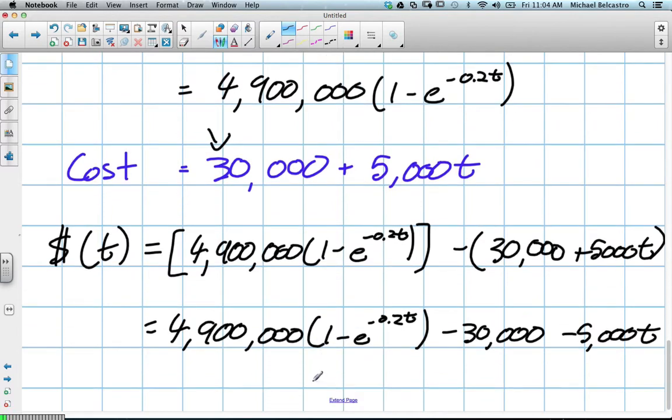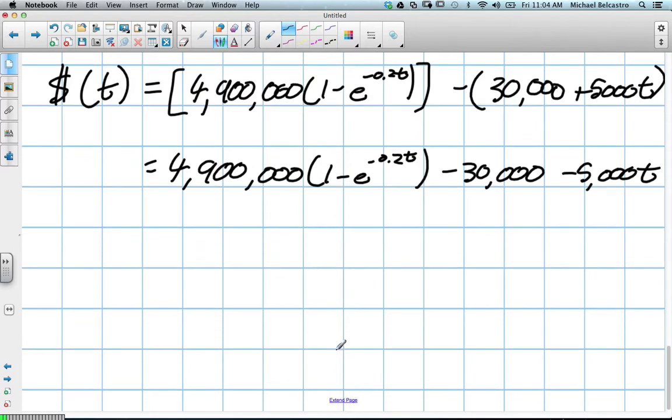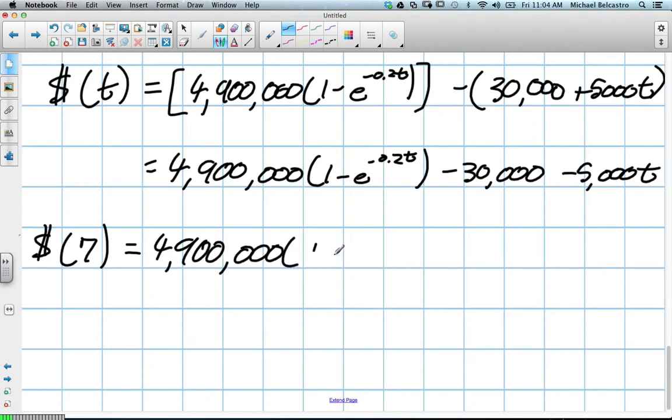And then they asked us, what was our average profit at 7 days? So they're asking us to plug in 7 days for t. So 4,900,000 times 1 minus e to the power of negative 0.2 times 7, minus 30,000 minus 5,000 times 7.